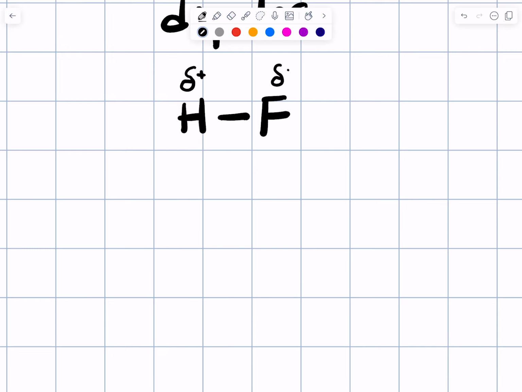The fluorine should have negative charge on it. The Greek letter delta indicates it's not a full positive or negative charge, it's a partial positive and negative charge, as if the electrons in this bond were leaning towards the fluorine. And you've probably seen this symbol before for a dipole, where we've used an arrow with a plus at the end of it to indicate that this is a plus. This is the electron poor end of the dipole, and this is the electron rich end of the dipole, right?